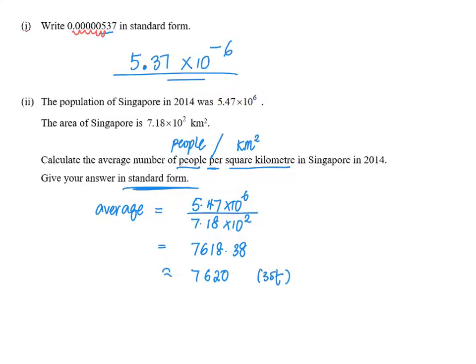So this number will be 7.62 times 10 to the power of, would it be positive or negative? In this case, it will be a positive power. So this is my decimal place, and I need to shift 1, 2, 3 over here, times 10 to the power 3 to make it a large number. And the units will be people per kilometer square.